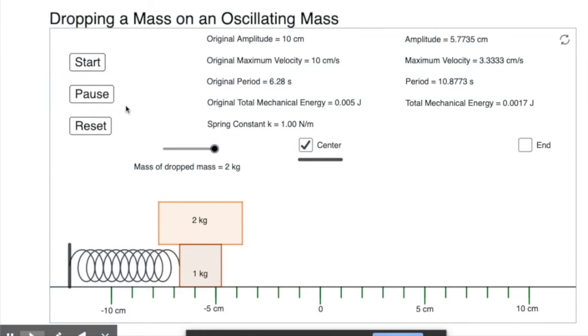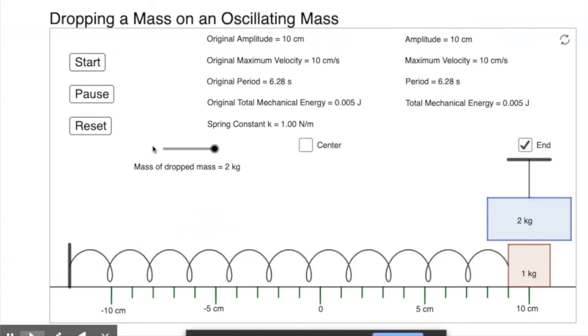So because the elastic potential energy is equal to 1/2 kx squared, when x is equal to A, or in other words, when the position of the object is at the amplitude, the potential energy is proportional to the square of the amplitude. And so the basic idea here is because there is less elastic potential energy, the amplitude is smaller, which we can clearly see from these measurements.